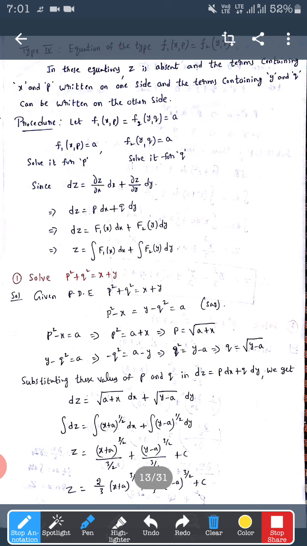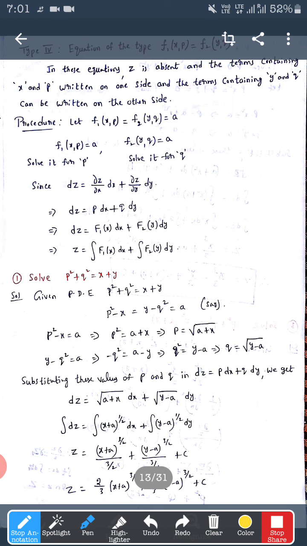Then in place of dou z by dou x we write p, and in place of dou z by dou y, q. Therefore this becomes dz is equal to p dx plus q dy. So p is f1 of x and q is f2 of y. Therefore after integrating this, z is equal to integral f1 of x dx plus integral f2 of y dy. This is the procedure for solving type 4 equations.